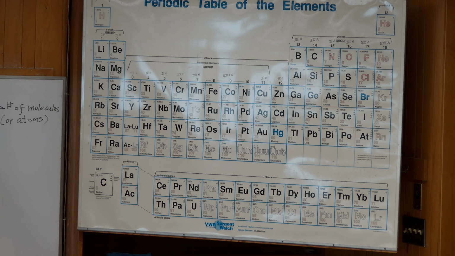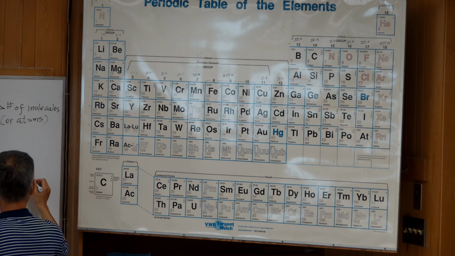Moles multiply by molar mass, and the aluminum molar mass, the periodic table tells us, is 26.98 grams per mole of aluminum. Then this is the mass. This mass is 19.52 grams. This is the amount needed.